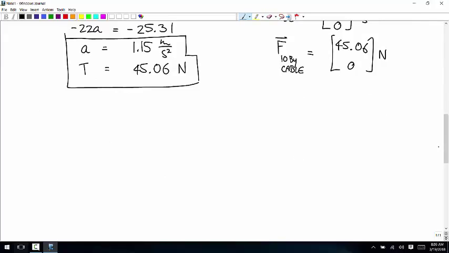All right, and then 29. That one looks hard. Wait, one question on 28. So I did it, and it comes out with the negative acceleration. But it seems like the elevator is going up because the spring is stretched, and so then that'd be a positive acceleration.